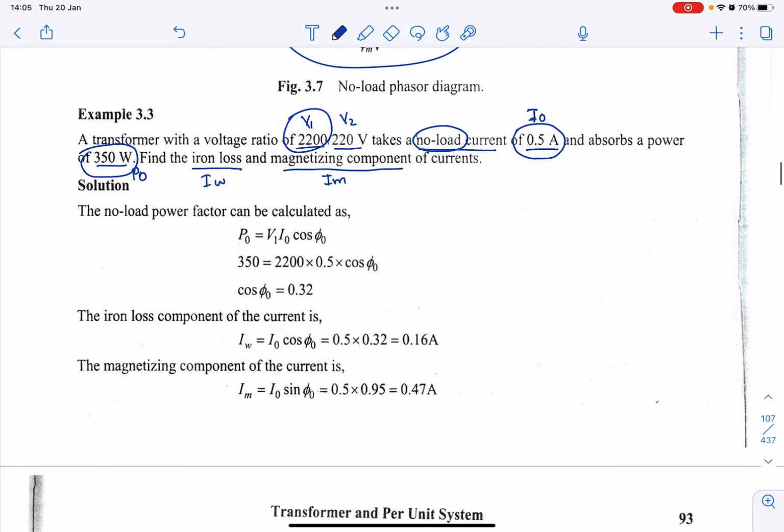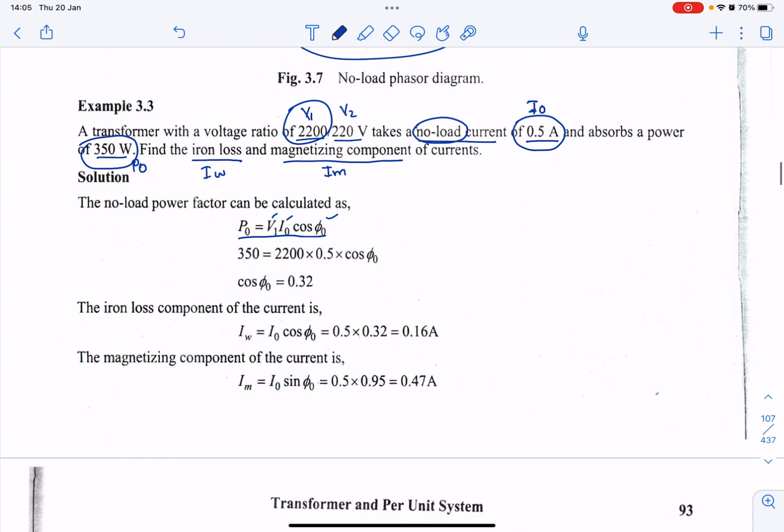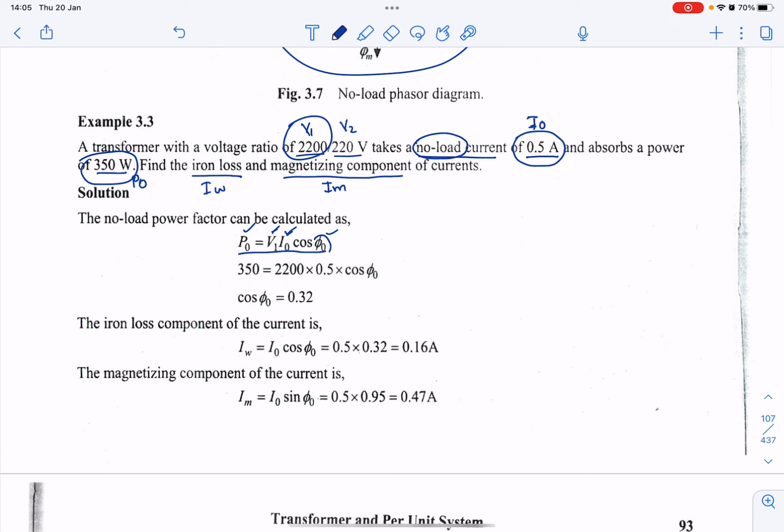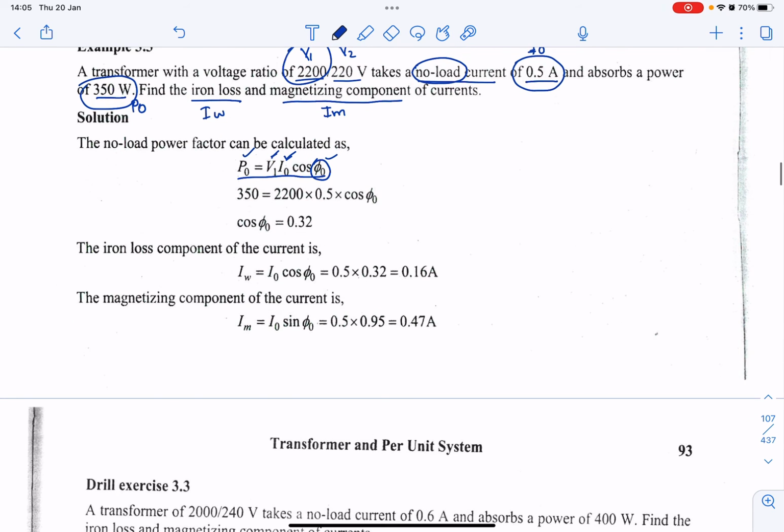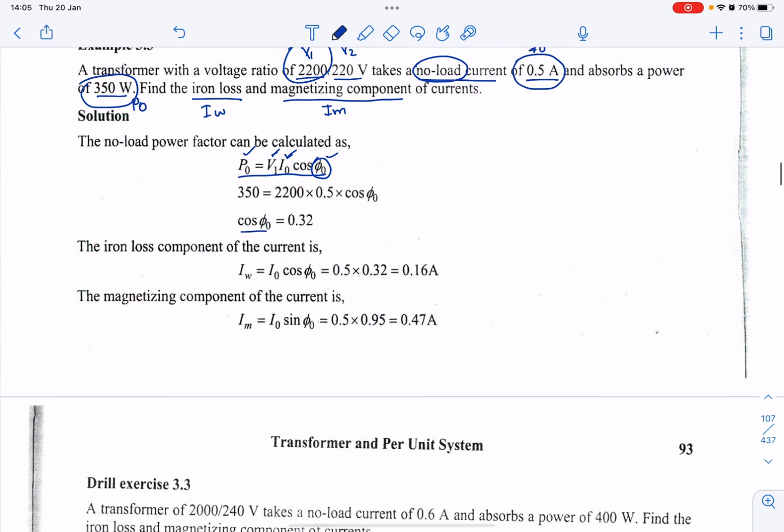So back to the equation from the power, P0 equal to V1 I0 cos phi naught. So P0 is given, V1 is given, I0 is given, but this phi naught is not given. So you can calculate this phi naught by rearranging the equation.